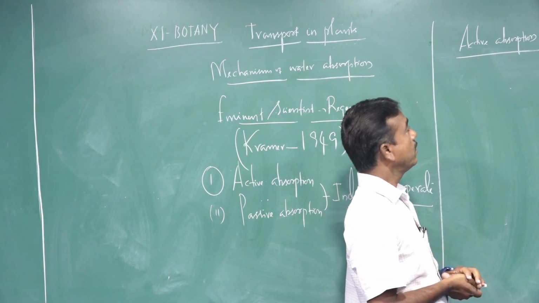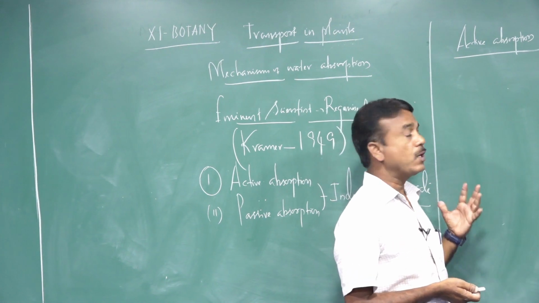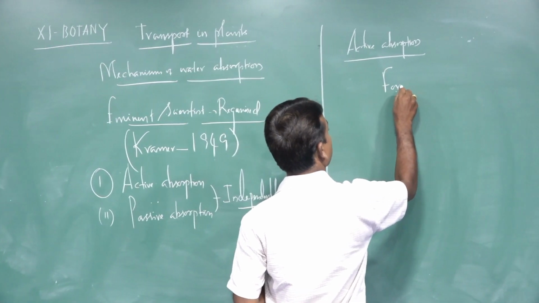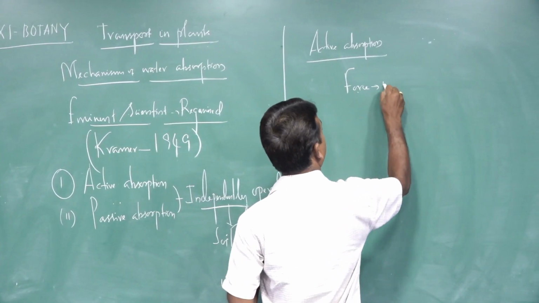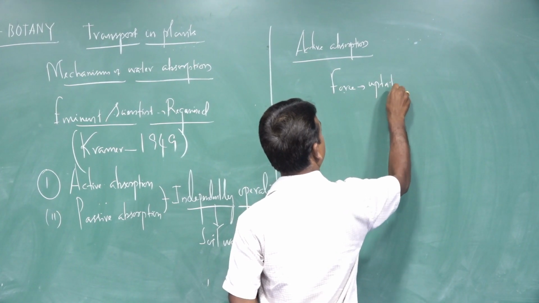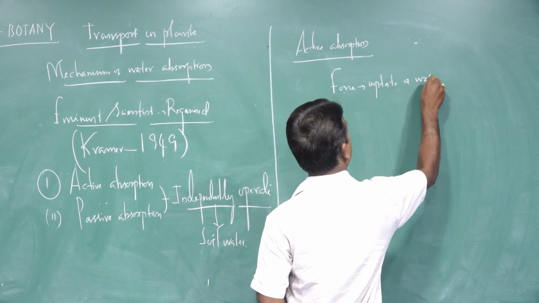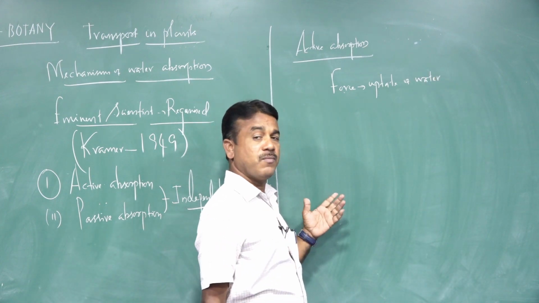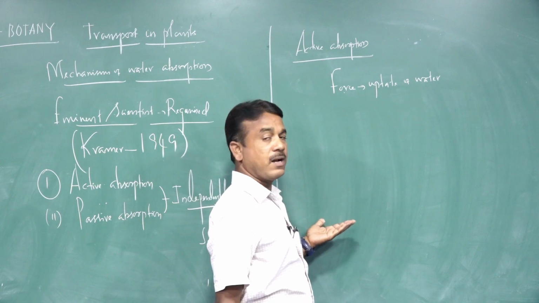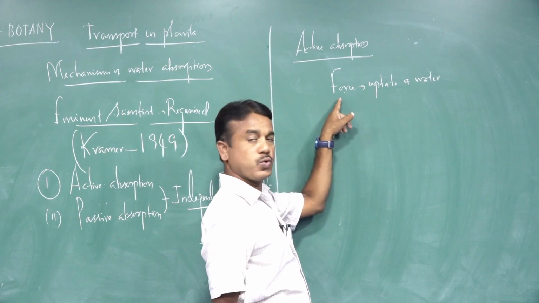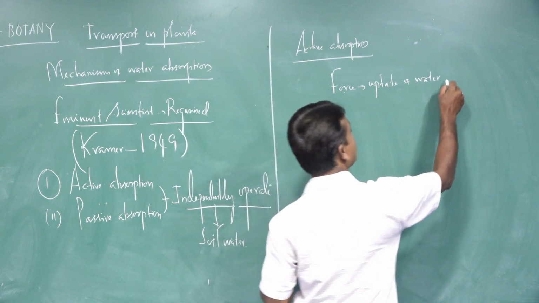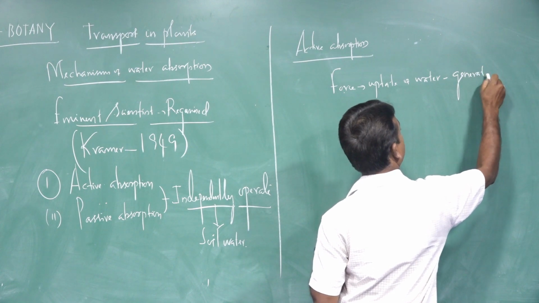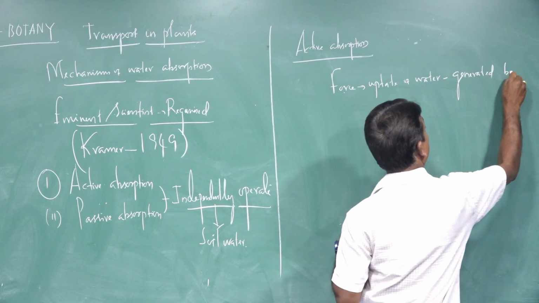In the mechanism of active absorption, we need some force for the uptake of water. What do you mean by this? For the uptake of water and mineral salt, we need some force, and the force is generated by the root itself.